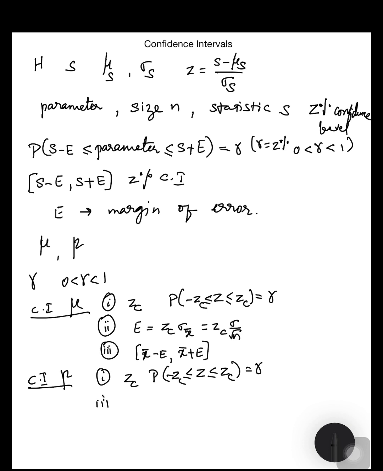Then we find the margin of error, E equals ZC into sigma P, where sigma P is the standard deviation of the sampling distribution of proportions, which is given by the square root of P times 1 minus P divided by N, where P is the proportion of success in the sample. Then the interval for the population proportion is given by P minus E, comma P plus E.